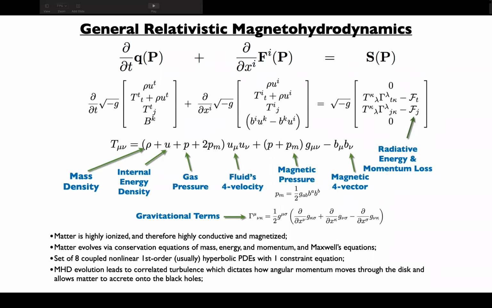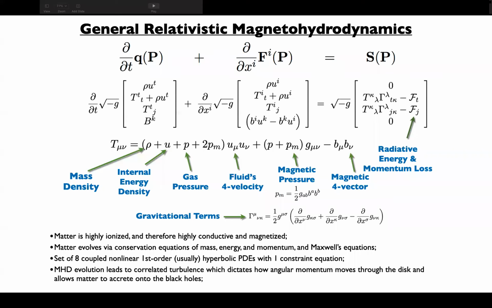That can play a role in how accretion processes are affected by temperature or different scale heights. So that radiative cooling term is this F, and it's usually just some bolometric isotropic cooling times the local fluid velocity. So it's fluid frame cooling. We want to move past this, but that's what the current state is right now.